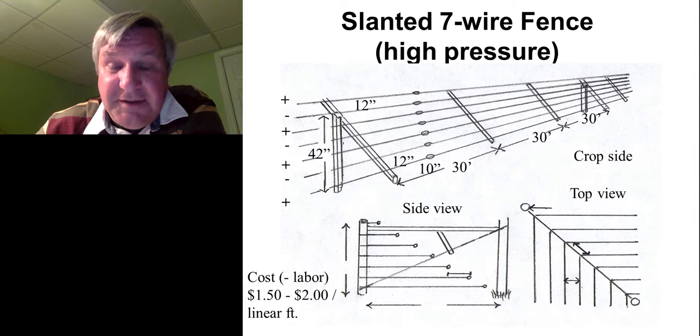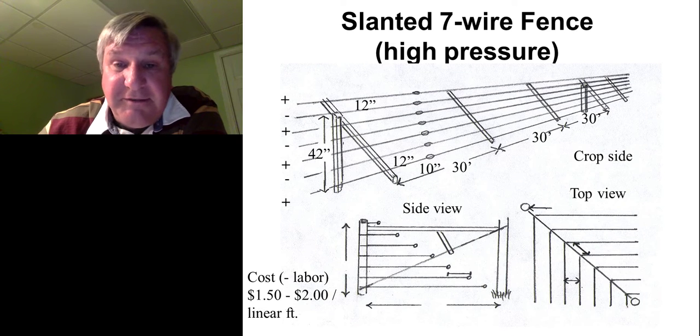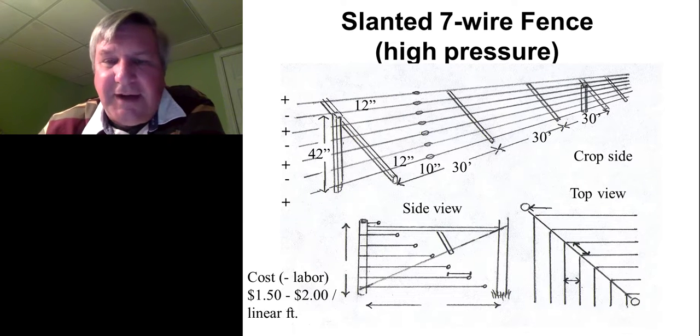Slant wire fences can be more effective than straight fences, can be also less expensive. Again, because the distance from the top outside here to the ground here can be as much as 5 or 6 feet, even though the fence is only, as you see here, 42 inches tall. The depth or the distance is 5 or 6 feet.